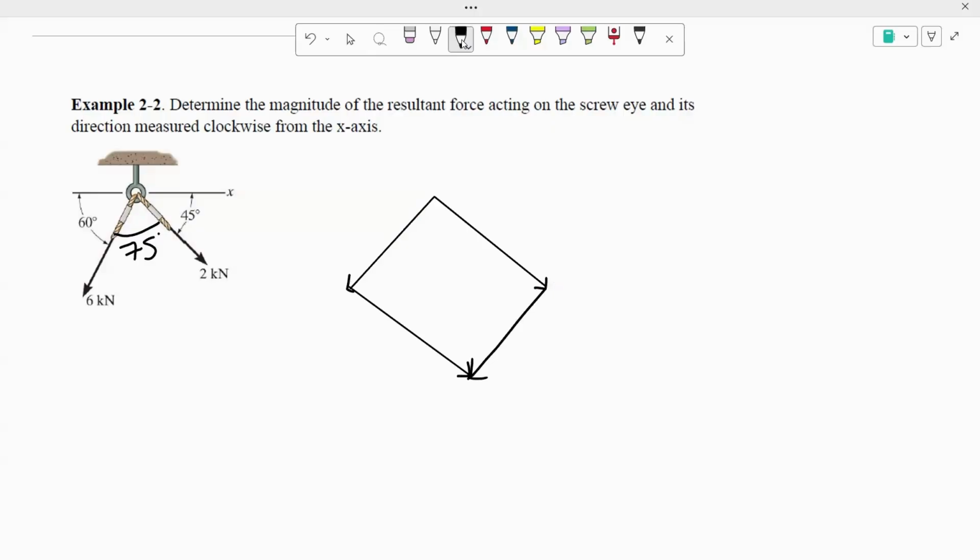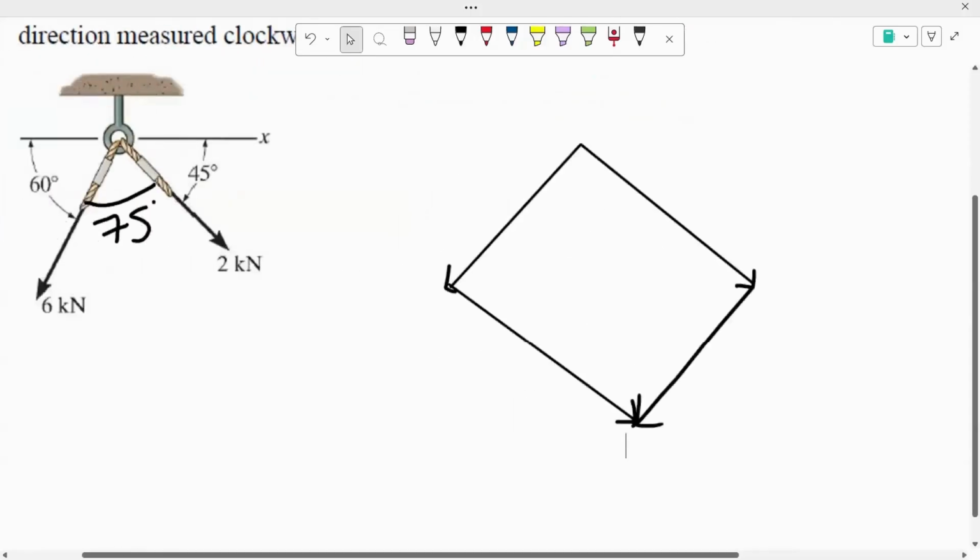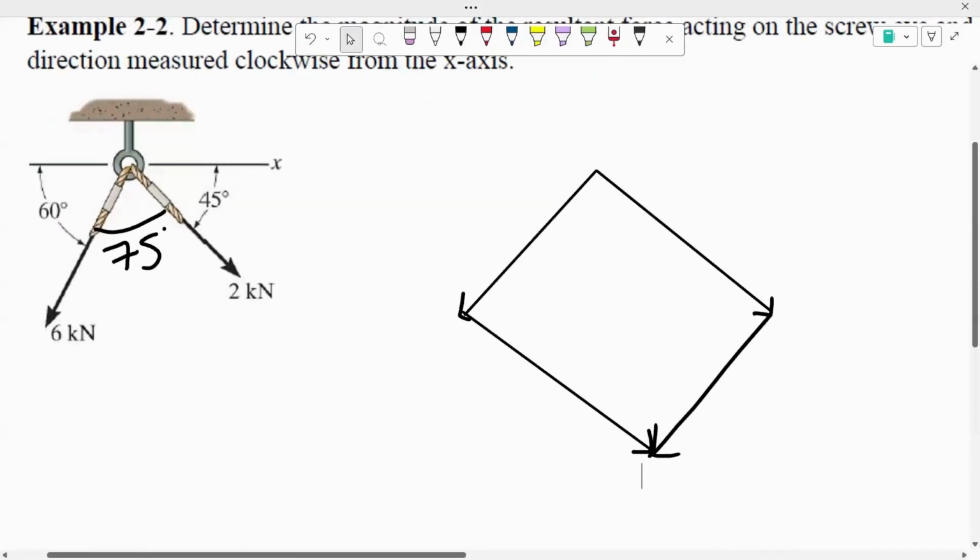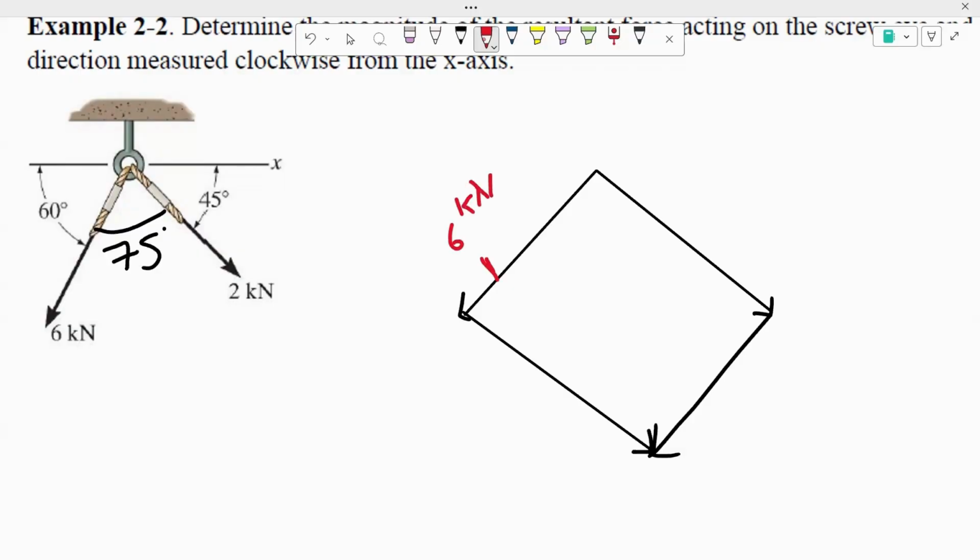So just so we don't get mixed up, we're going to label that this one right here is the 6 kilonewton. This one right here is 2 kilonewtons. And this one right here is the same one from the other side, so 2 kilonewtons.